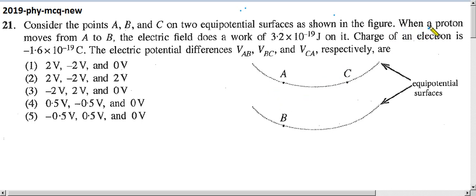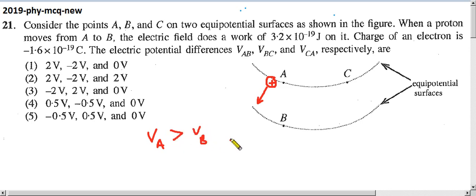They don't say when a proton is moved, just when a proton moves. That means naturally it moves from A to B. That means the potential at A is higher, because we know a positive charge moves from a higher voltage to a lower voltage. So therefore VA must be greater than VB.